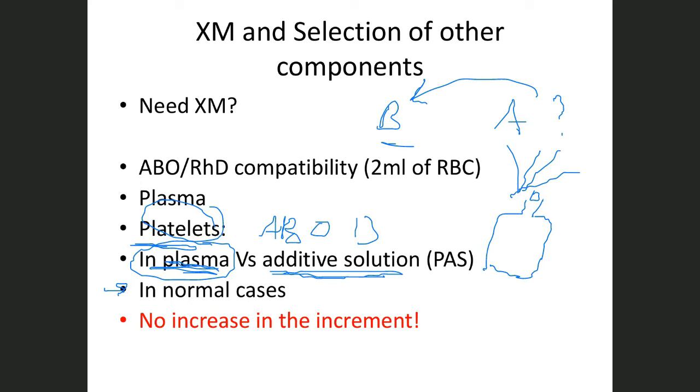So we have to measure platelets after transfusion. Some patients still show no increment, or the number is not increased, which is weird, because we expect the amount of platelets to increase when we give platelets. However, in these circumstances there is no increase in the increment.